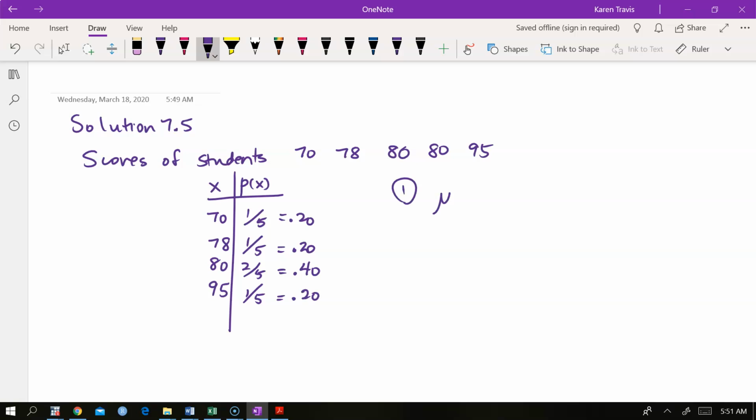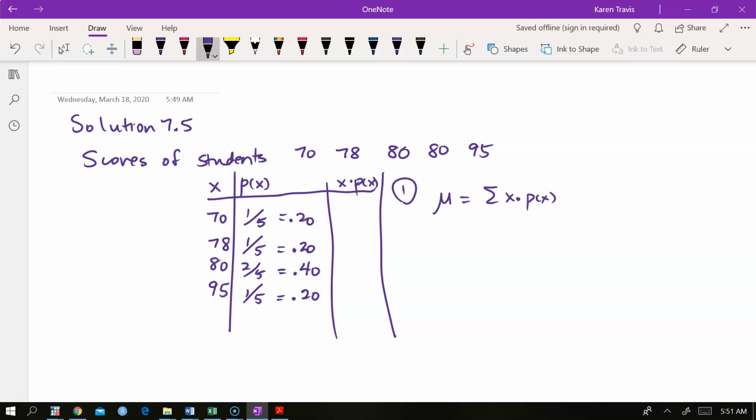So to find the mean, we have to go back and remember that the mean of a discrete PDF is taking each x times p of x. So we did this in chapter 5, and remember it's doing like a weighted average of what can happen if we picked out of those people for their scores.